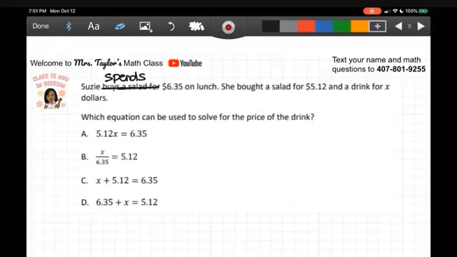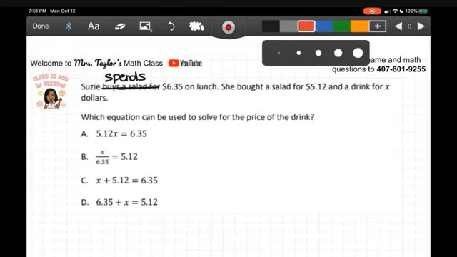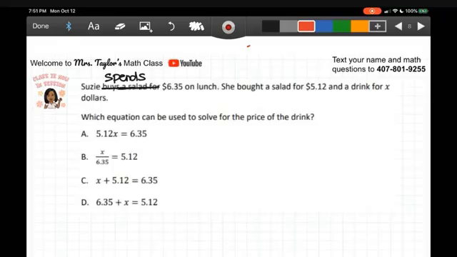All right, so what we could do is just look at each answer choice. Well, first off, let's just make the equation ourselves. We know that when we say and, in this particular case, we're kind of adding. So if we know we add, we can eliminate answer choice A and B. So let's look at it.